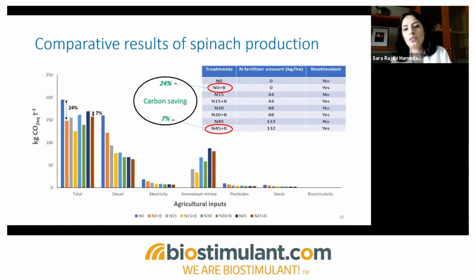The highest carbon emission reduction, 24%, belongs to the unfertilized treatment with application of biostimulants, whereas the reduction was limited to only 7% with the application of biostimulant at the highest rate of nitrogen.